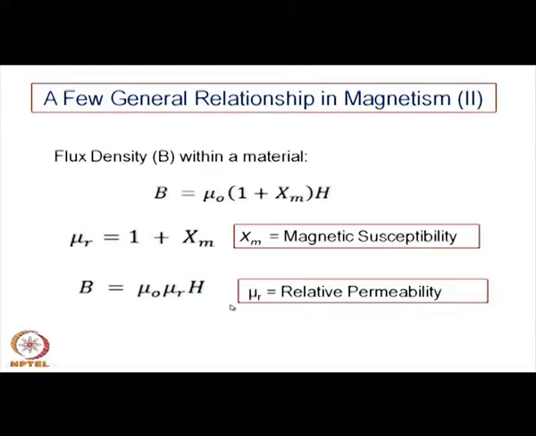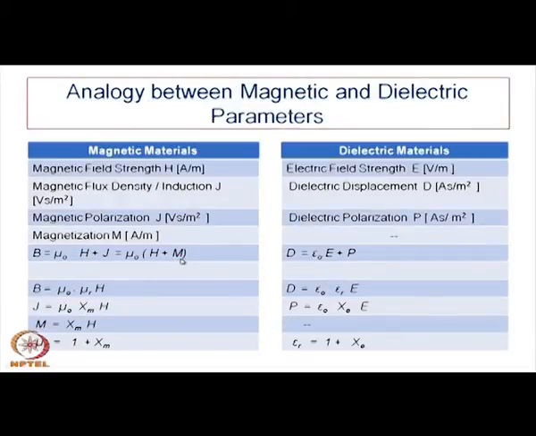So, the magnetic induction is proportional to the magnetic field we apply. Here of course, one should also notice that it is very closely related to the dielectric phenomena we have studied earlier. So, that gives us a comparison, an analogy between magnetic and dielectric properties or dielectric parameters.